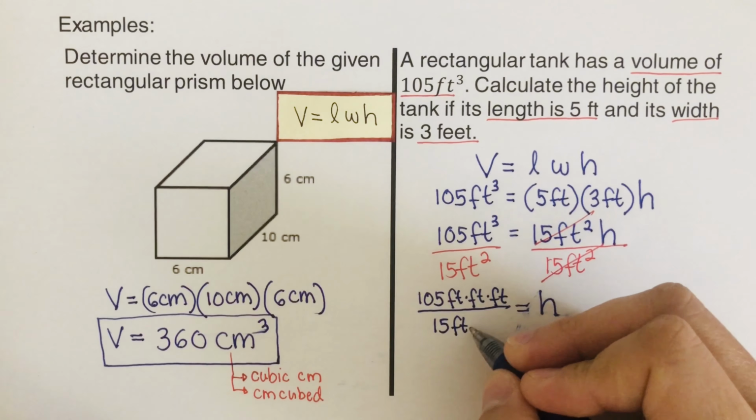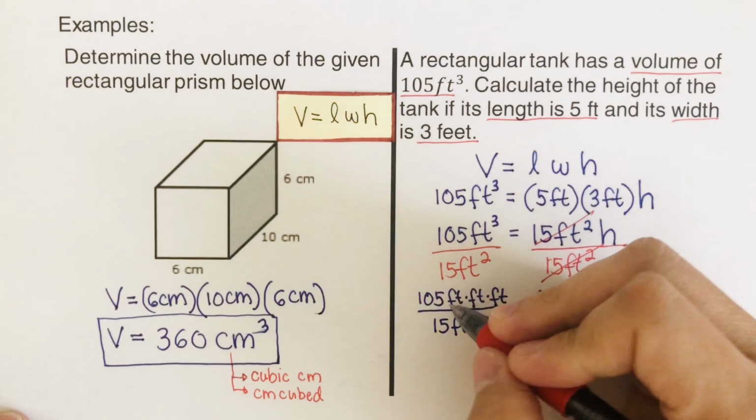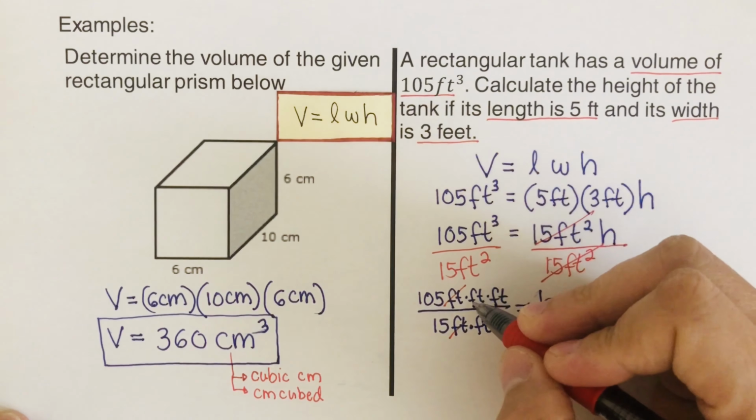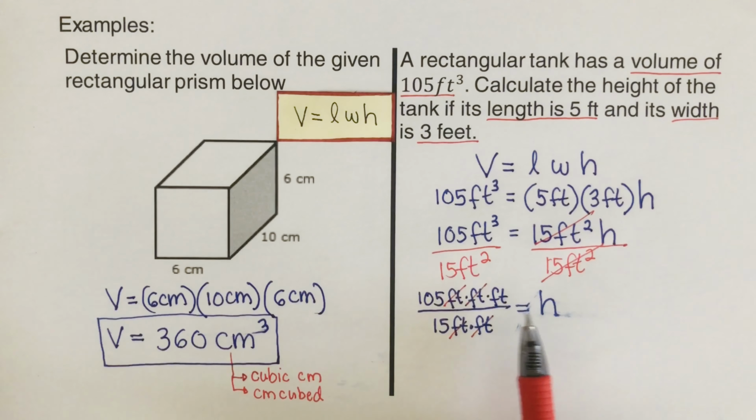So feet and feet: I will cross out 1 foot and 1 foot there. We cross these 2 out. That means our unit for the height is just feet, because that's the leftover.